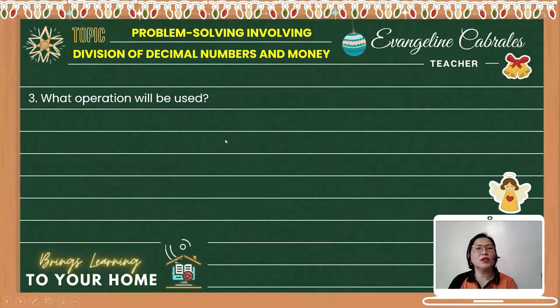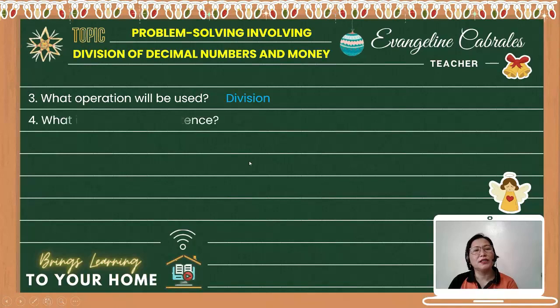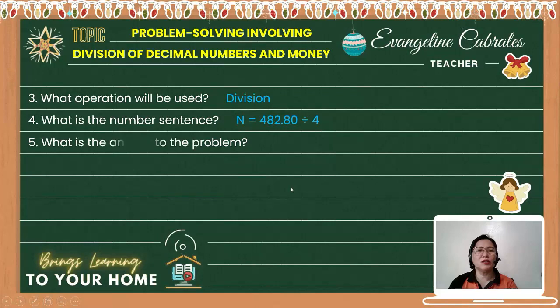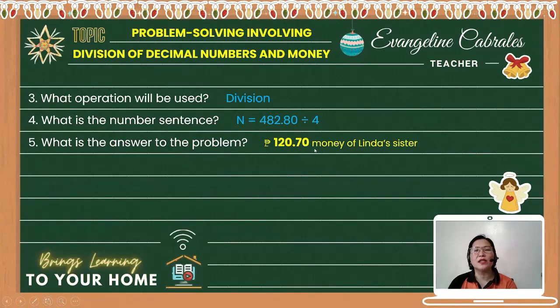And then, what operation will be used? That is division. And what is the number sentence since division is the operation? N equals 482.80 divided by 4. At ano magiging sagot? The answer is 120 pesos and 70 centavos. That is the money of Linda's sister.